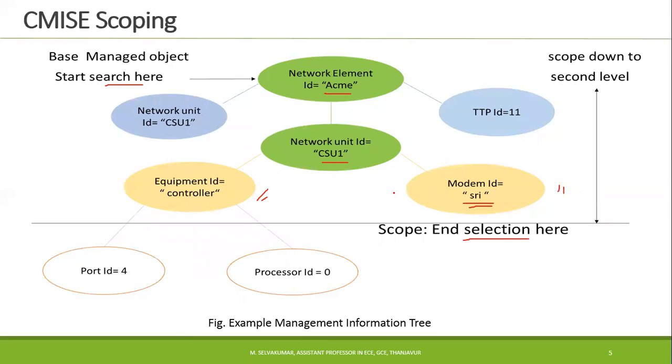So for that, the filtering operation by using the conditional based to select this object only, only that response is received, and that will be sent to the managing objects.